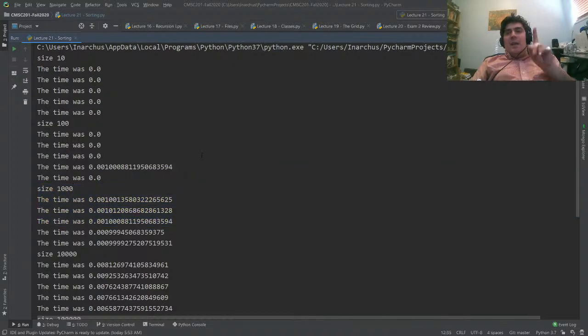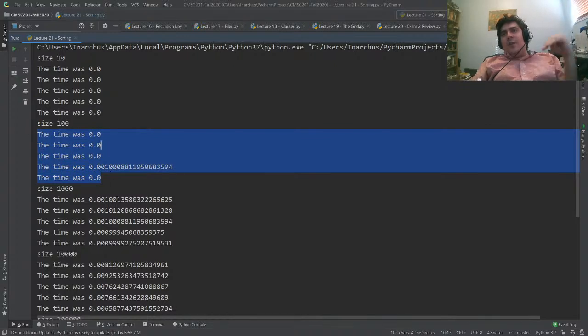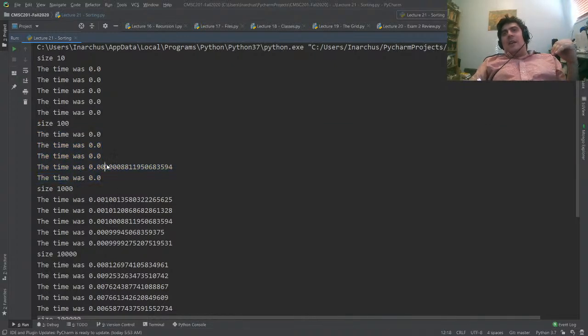But I bet if we had to figure it out, the actual amount of time that it allows per tick is approximately this. So that's my guess here. That's why these are all 0, because it came in under the tick. And here it came in close to the tick, so it got counted. And so that's what my guess is here.